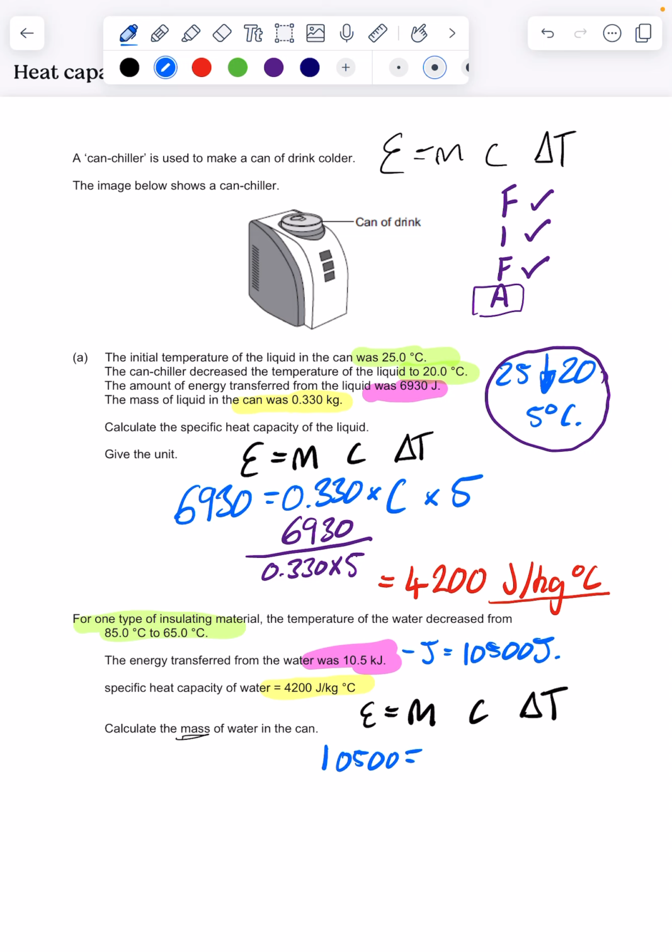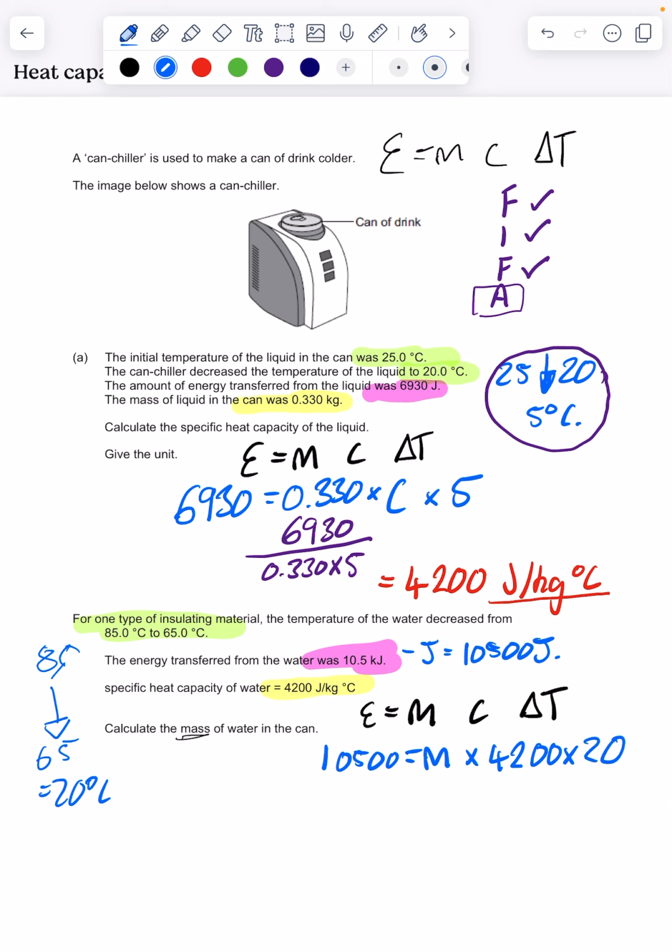We want to work out the mass. We get given the heat capacity of water, 4,200, and the temperature change has gone from 85 down to 65, which is a total of 20 degrees Celsius.